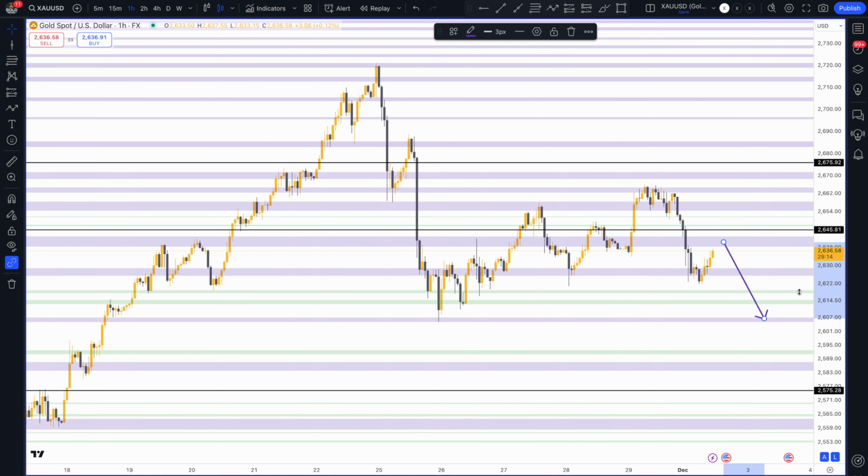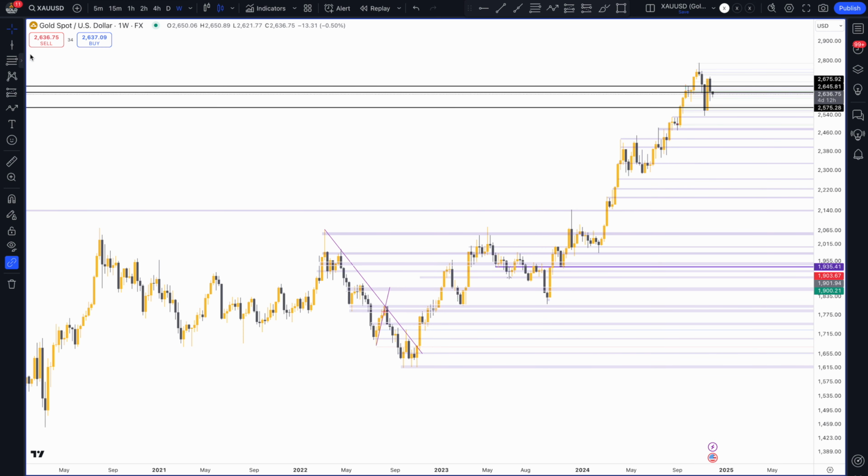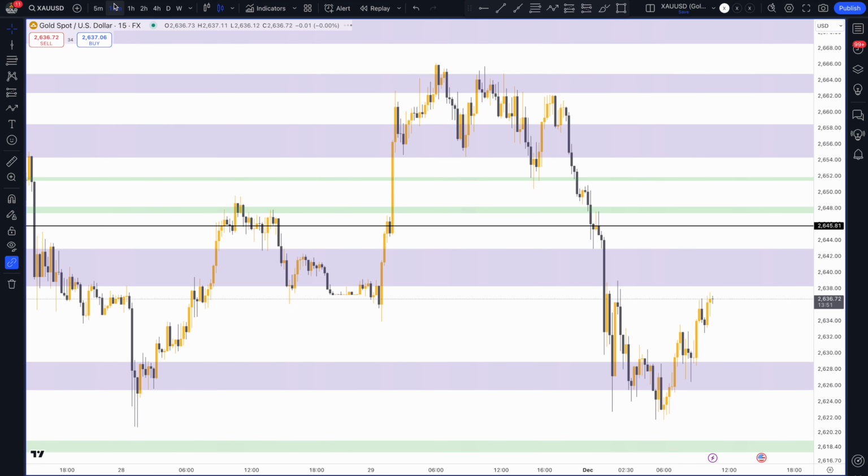We are only around 360 pips away from the 2500 level, but that's the only thing that we could see in a bearish outcome: price finding a resistance at around 2640 to 2645 and then breaking down past this level of 2605. If we see that, we'll see a bearish continuation, and we will see that weekly time frame invalidate, probably turning the entire week bearish.